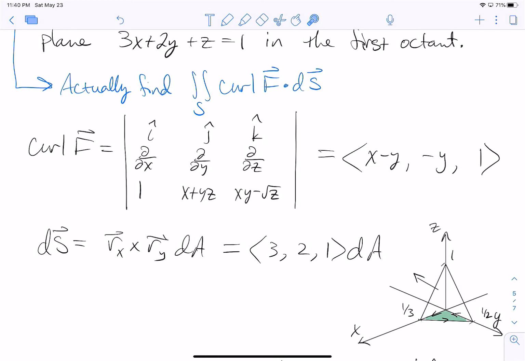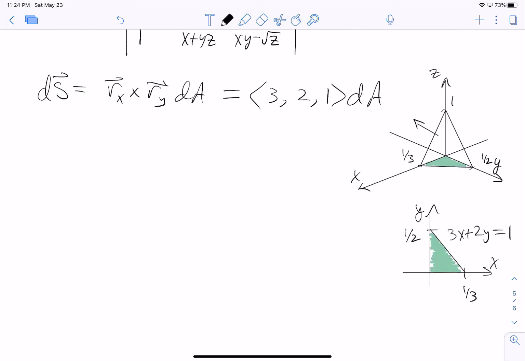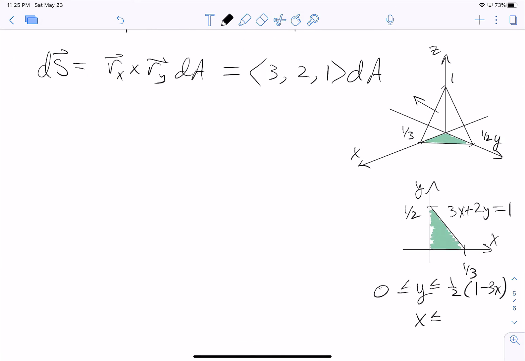As for D in the xy plane, if z is equal to 0, then we get 3x + 2y = 1. So I'll let y go from 0 to 1/2 of the quantity 1 − 3x, and x will then go from 0 to 1/3.